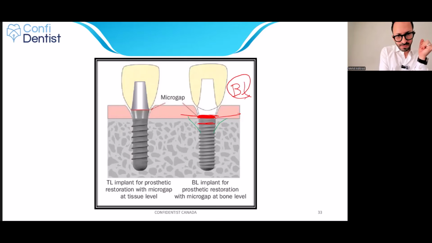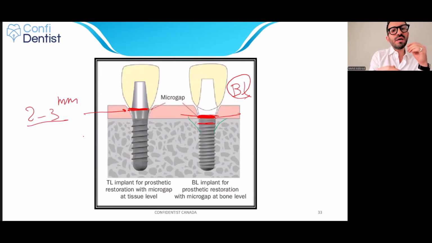For the tissue level, my prosthetic platform is placed 2 to 3 millimeters above the alveolar bone crest. Okay. And I have this smooth scalar. So this is the second thing I should pay attention to. Do I have a smooth scalar?